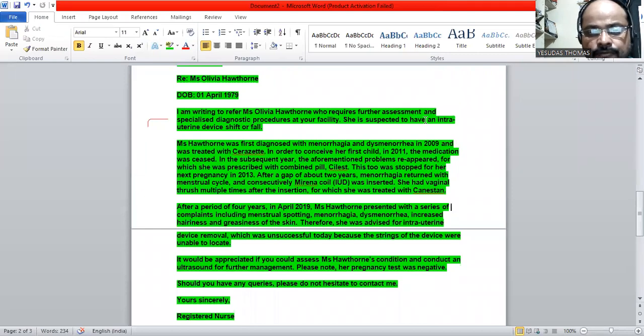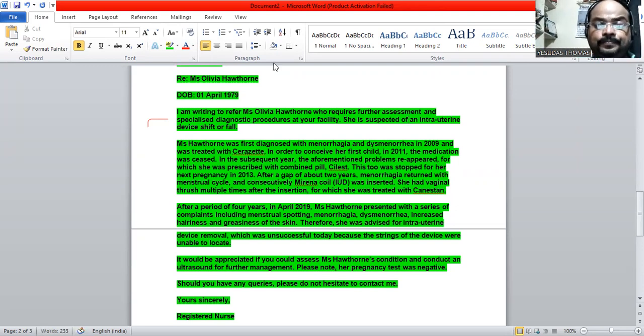She's suspected of an intrauterine device shift or fall. Okay, so now the purpose is brief, it's very simple, and it is understandable, and this is written in a formal style. So what are the ingredients of the purpose here? The full name of the client, the requirement, and the condition.